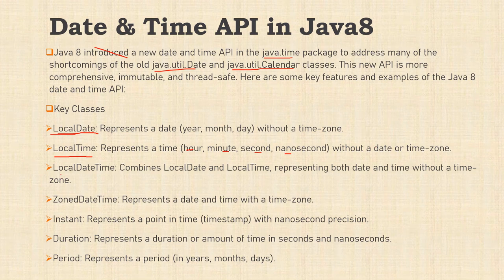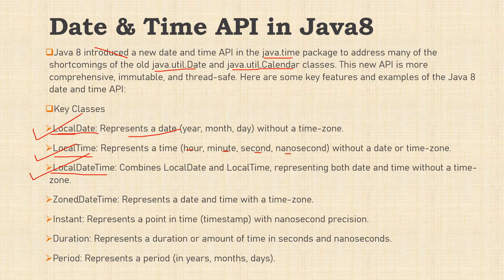LocalDateTime combines local date and time, representing both date and time without a time zone. So this is also a class. With LocalDate you can use it only for date purposes. For LocalTime you can use it only for time purposes if you want to get only time. If you want to get both date and time, then you can use the LocalDateTime class to get the combined local date and local time.